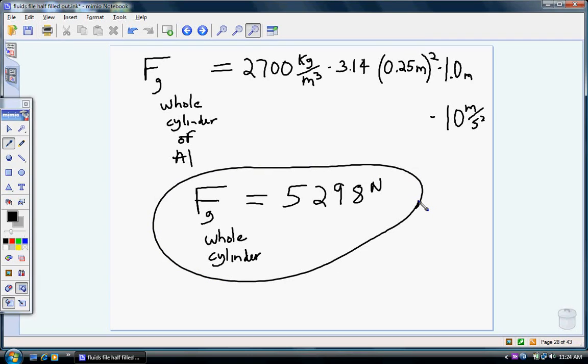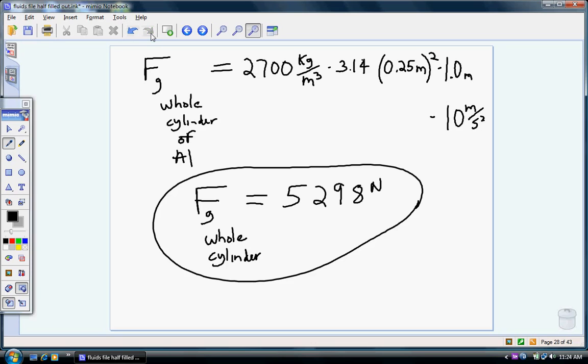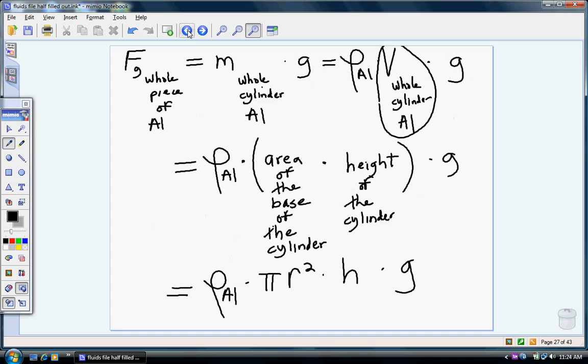So now we figured out the weight of this cylinder, and we did so by making the substitution for the density of the aluminum times the volume of the whole cylinder.